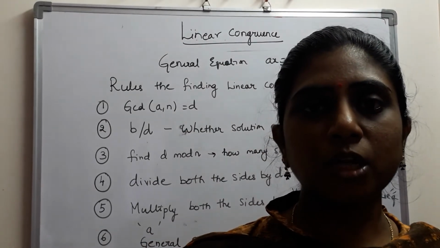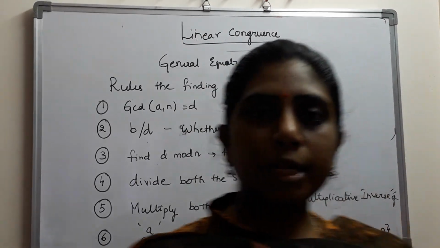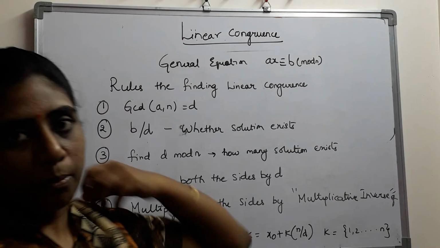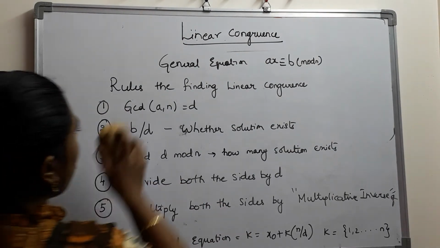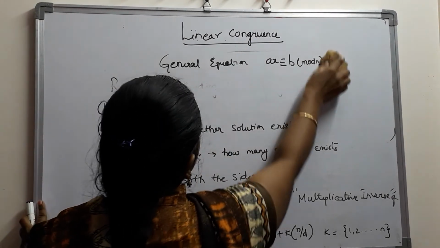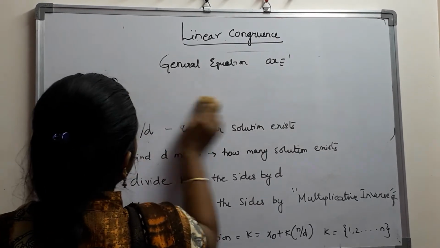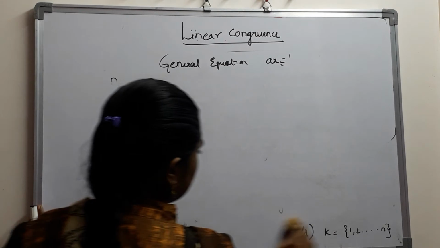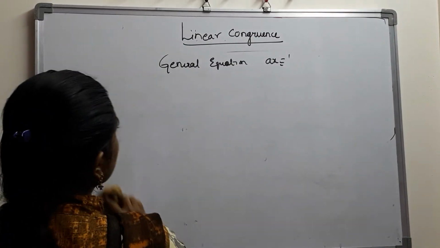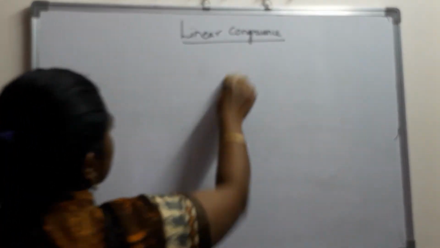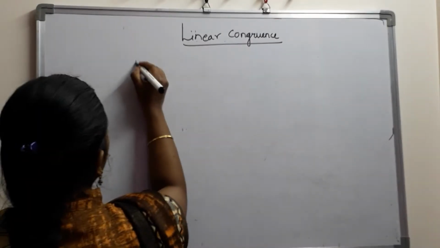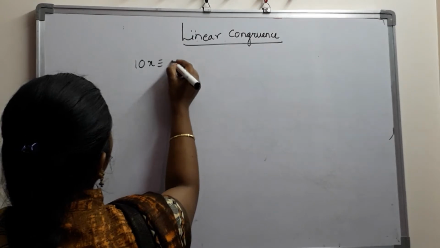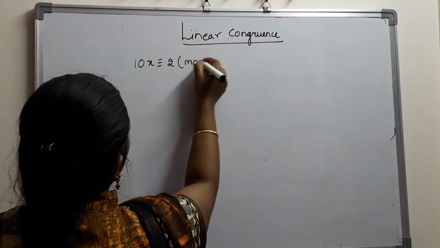So let us work through a problem related to linear congruence. Let us take the problem 10x is congruent to 2 mod 5.